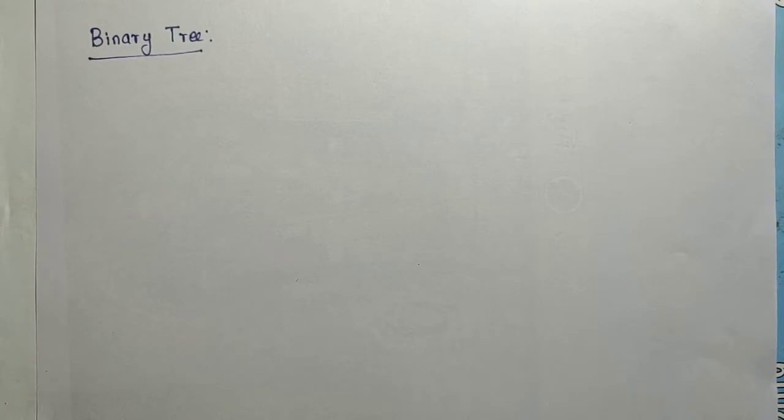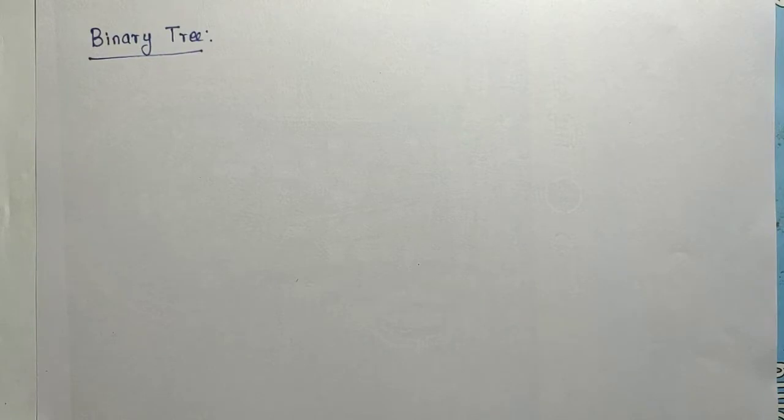So next, binary tree is the first classification of the tree. From the name itself, we can understand what the binary tree may be. Binary means 2. It means the number of children for each node is restricted to at most 2.